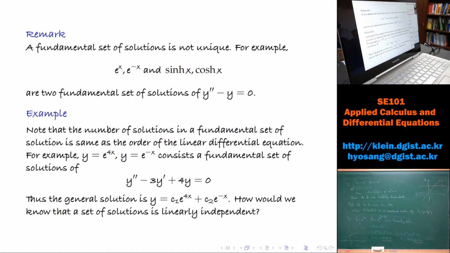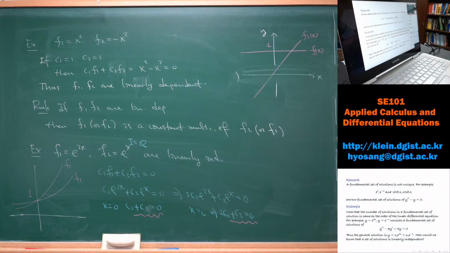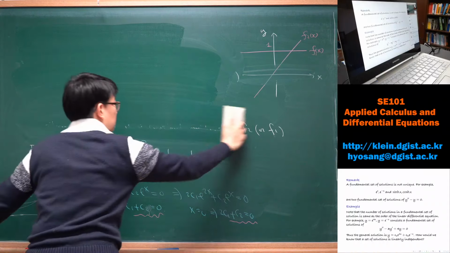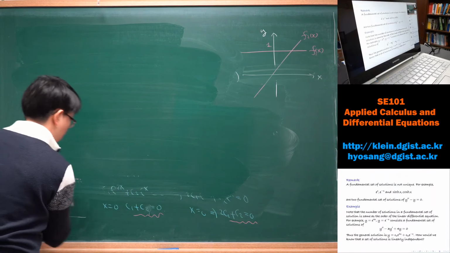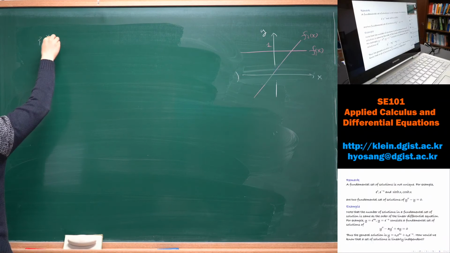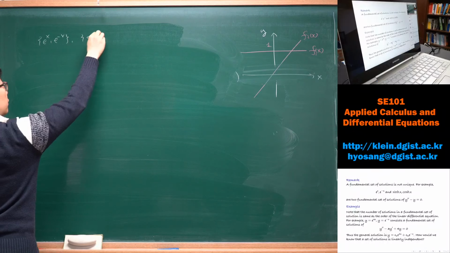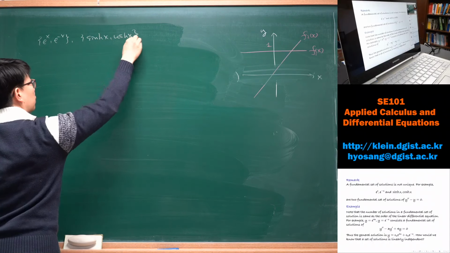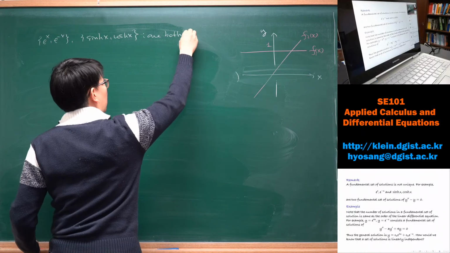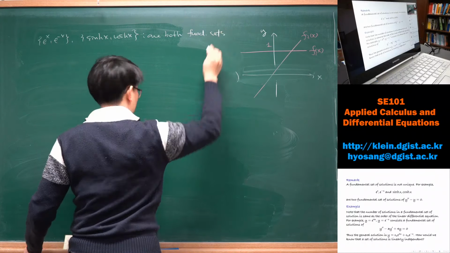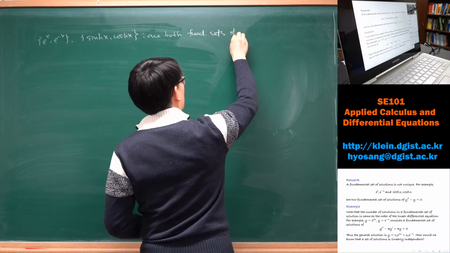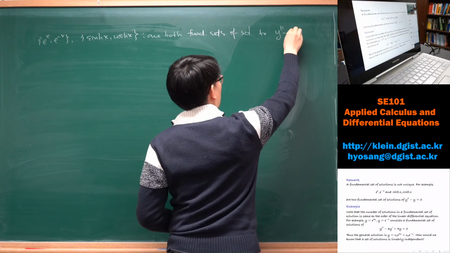So let's see the blackboard again. You can take e to the x, e to the minus x, and sinh x, cosh x. Both sets are fundamental sets of solutions to the given differential equation, y double prime minus y equals 0.